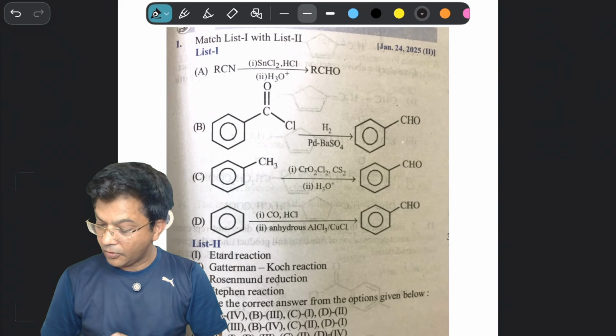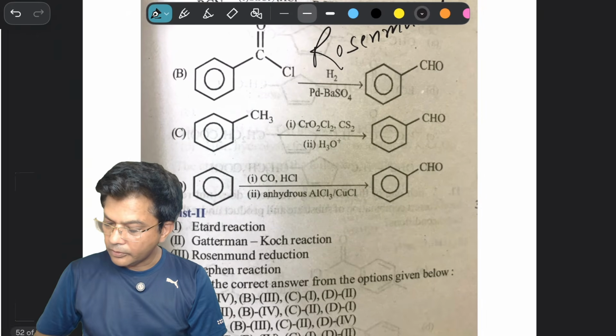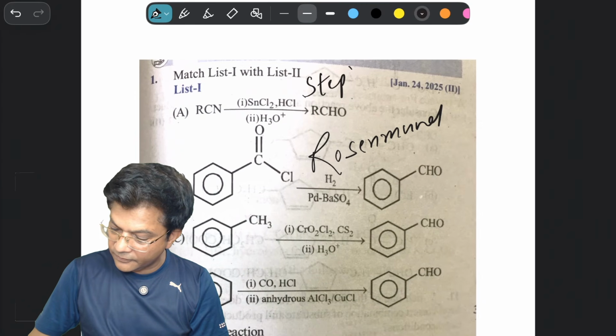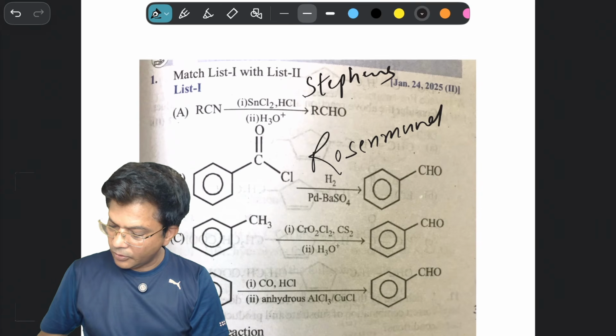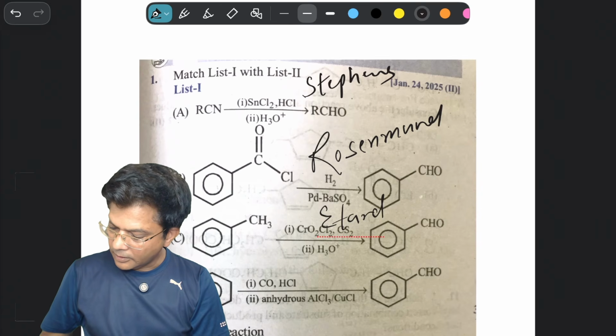So the first one is Rosenmund. B1 is Rosenmund. This is Stephen reduction. First is Stephen, Rosenmund, Etard, Gattermann-Koch.